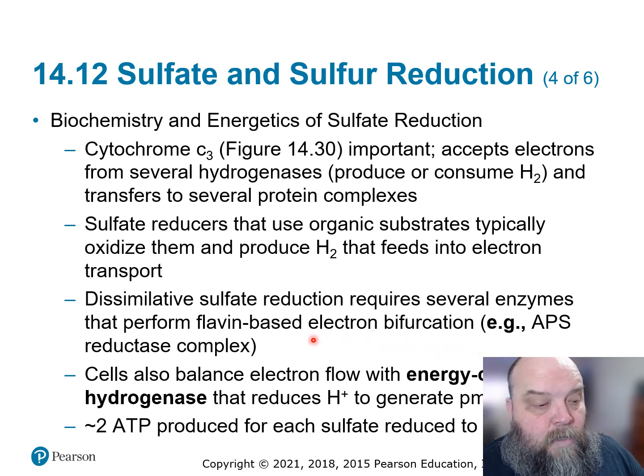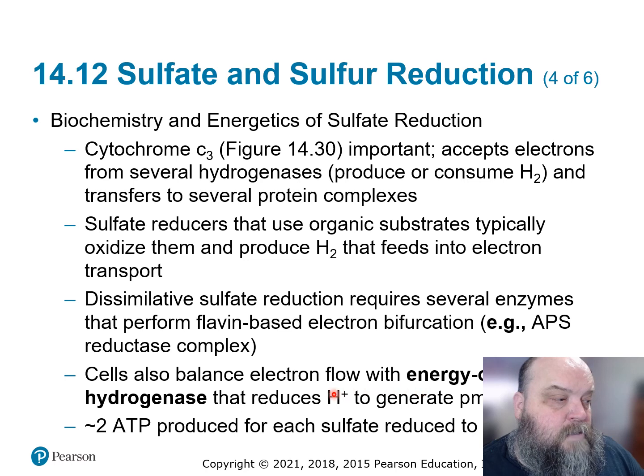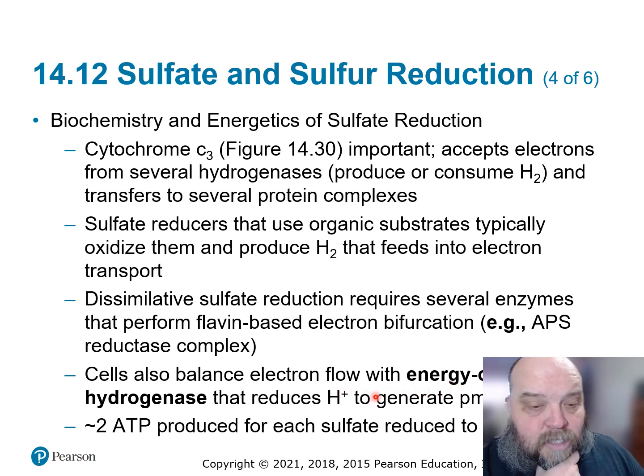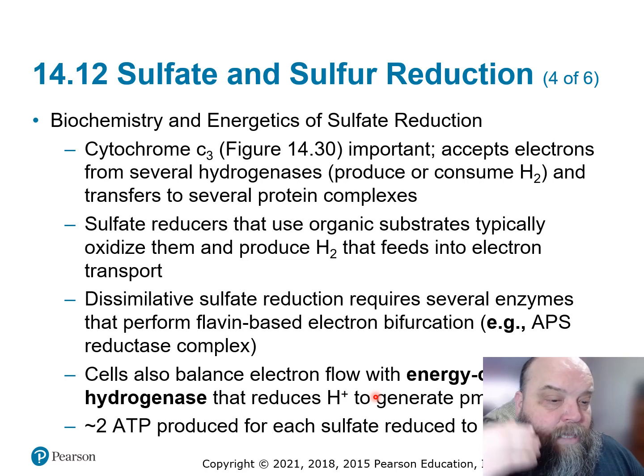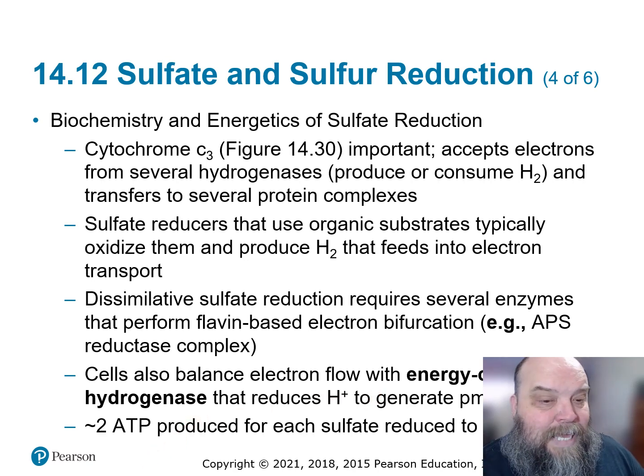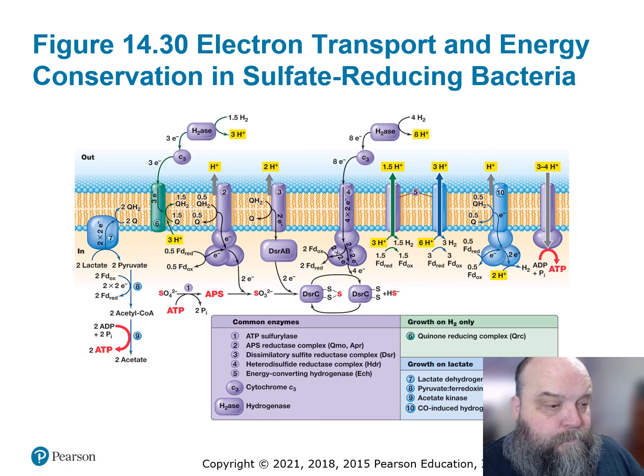But basically what we're looking at is a balance of flow. Balanced flow, they call energy converting hydrogenases. High levels of this means it's above a threshold, things go one way. When that drops, then it goes a different way. So this way we keep things in check.